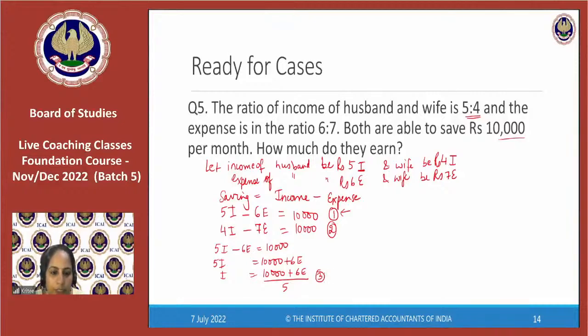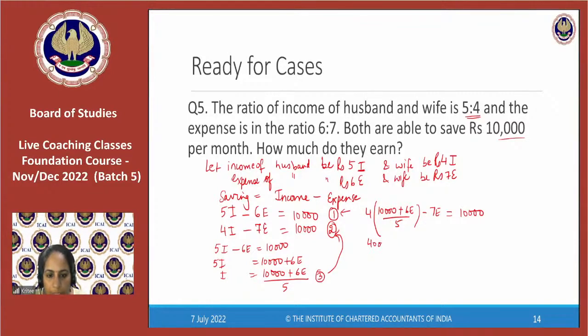Now substitute this third equation in the second equation. That is 4 into 10,000 plus 6E by 5 minus 7E to be equal to 10,000. Solve this.